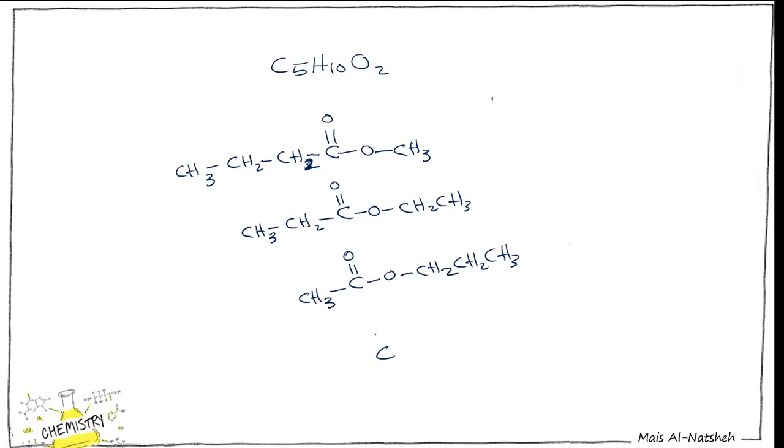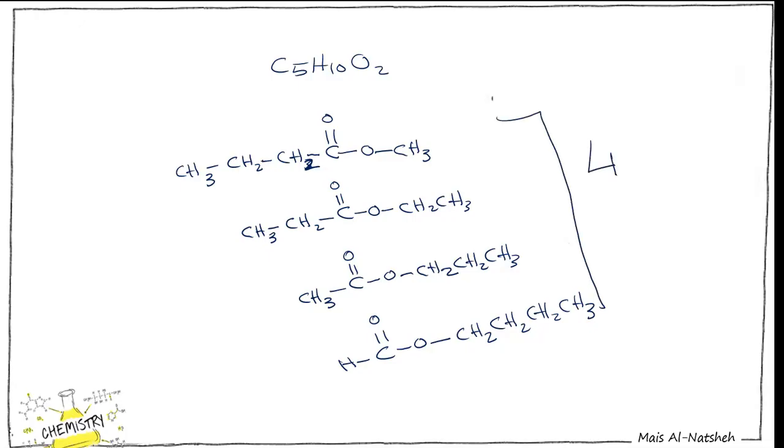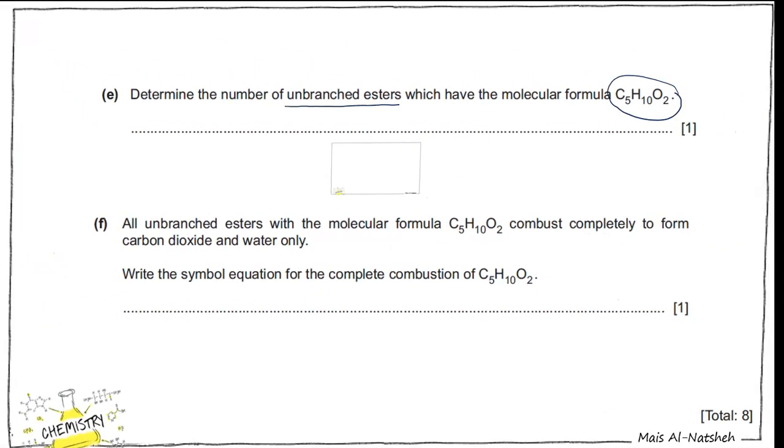The last option is to attach 4 carbons to the side next to the oxygen, CH2, CH2, CH2, CH3, which is a butyl part, and here we have methanoate. So the maximum we can have is 4 unbranched esters. So the answer here would be 4.